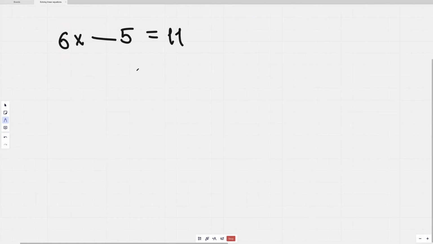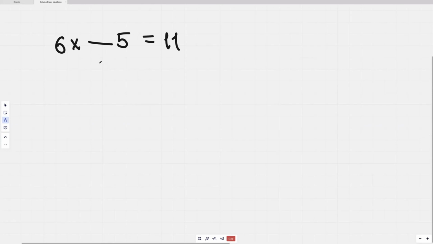The first thing is that terms like x or y, the unknowns, should be on the left side or the right side, and the constants, the real numbers like 5 or 11, should be on the other side, and then you can solve it very easily.